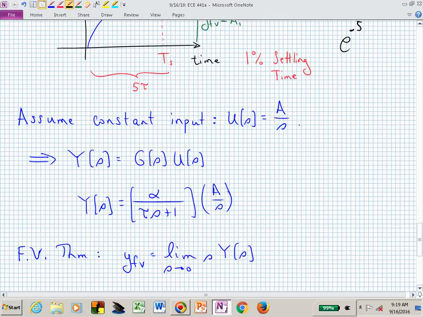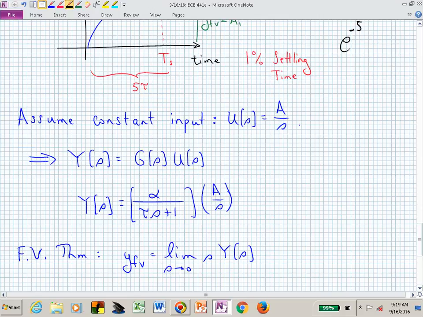And this, everyone remembered. I was so proud. Everyone remembered the final value theorem last time, right? Yes. If you didn't, you went home and studied it, and now you definitely know it.